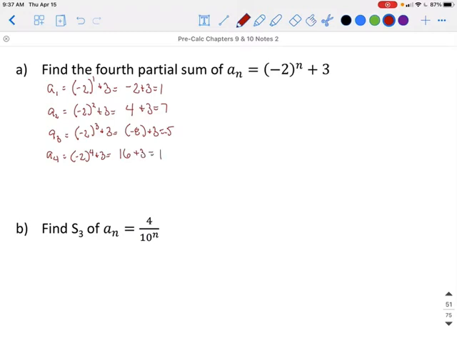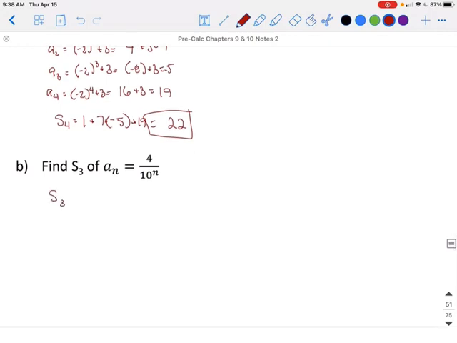And this will give us a positive 16 plus 3, which will give us 19. So to find that partial sum, you're going to take those values and we're going to add them all together, and it should give you 22 as your partial sum.